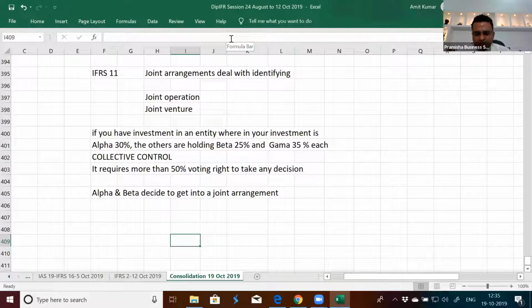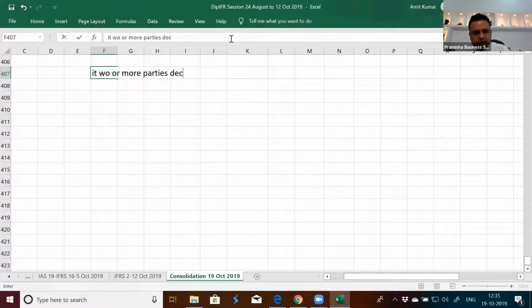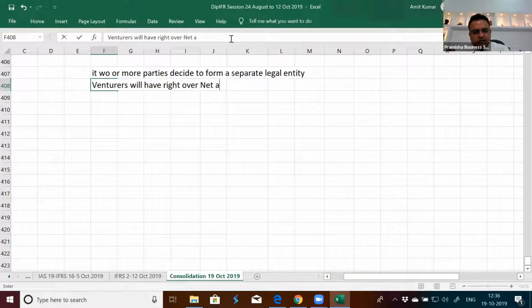But if two or more parties decide to form a separate legal entity, in this scenario, the venturers will have a right over net assets of that entity.